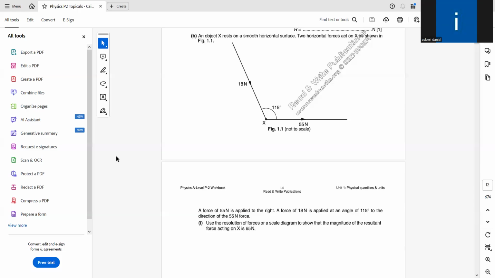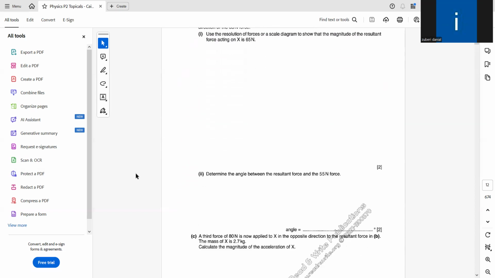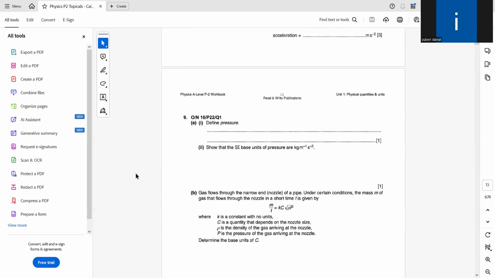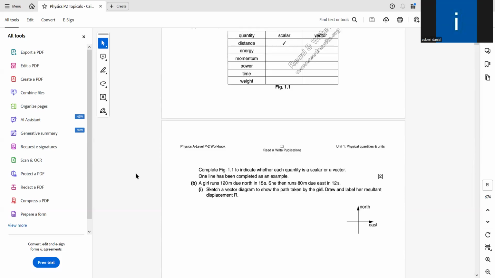Done, sir. So yeah, your answer. Yes, 65 by using the cosine rule. That's nice. That's good. That was an exactly similar question, but with a different shape.